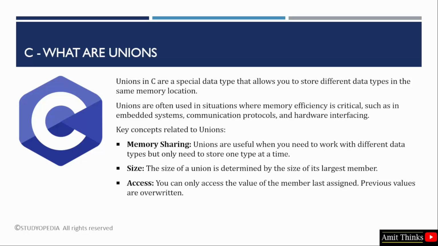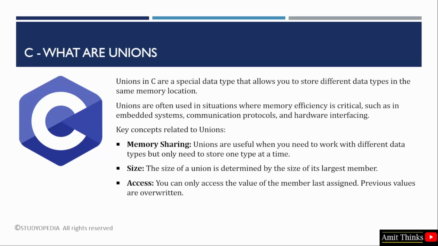In C, a union is a user-defined data type that allows multiple members to share the same memory location. This means that a union can store different types of data, but only one type at a time. These are useful when you need to work with different data types in the same memory space, and they help save memory by overlaying different data types on the same memory block.